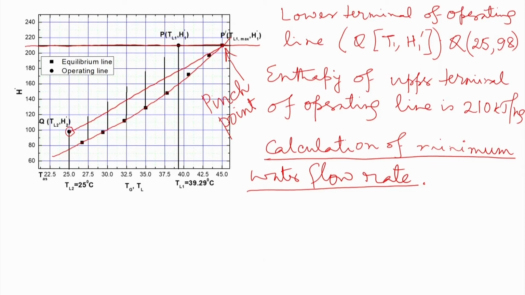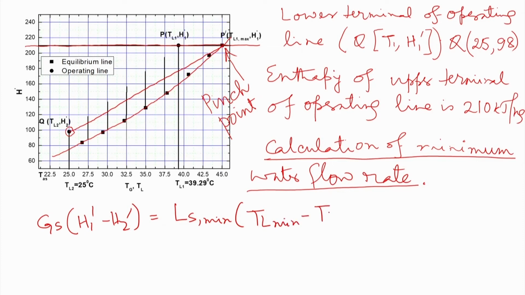Okay. Now, to get the minimum water flow rate, we do an overall enthalpy balance. It will be Gs into (H1 prime minus H2 prime) is equal to Ls minimum into (TL minimum minus TL2) into CWL.